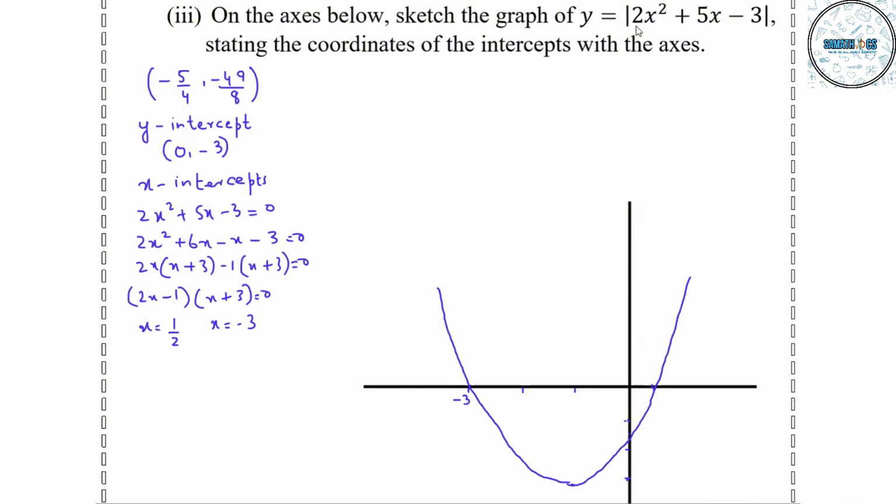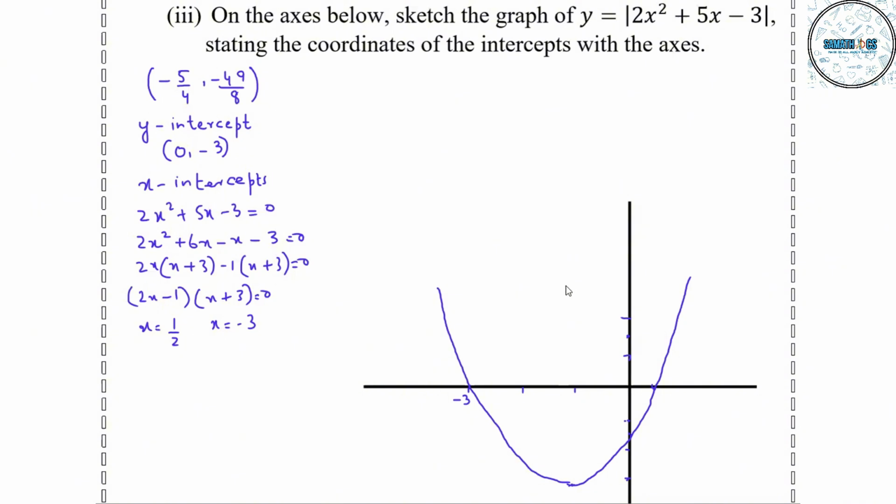As we have to draw the curve of an absolute function, we have to reflect the part of the curve which is below the x-axis to above the x-axis. So if this point is minus 3 here, it will be at 3 here. And if this point is at minus 5 upon 4, comma, minus 49 upon 8, it will be at minus 1 whole 1 upon 4, comma, 6 whole 1 upon 8.